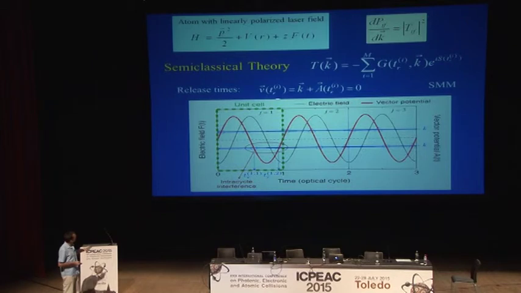The interference of these two trajectories will give rise to the intracycle interference, or the double-slit interference. On the other hand, the interference of the trajectories at different optical cycles will give rise to intercycle interference.